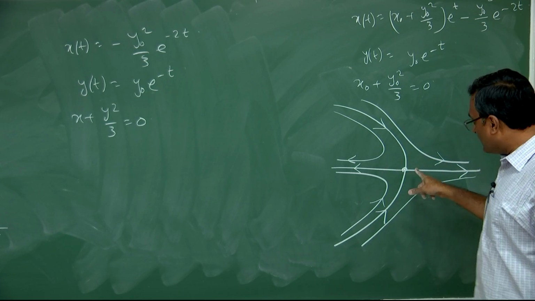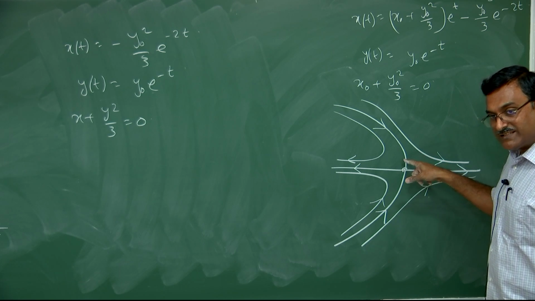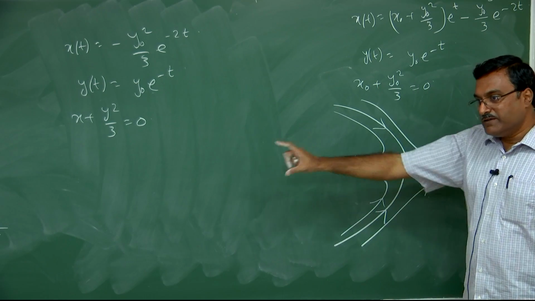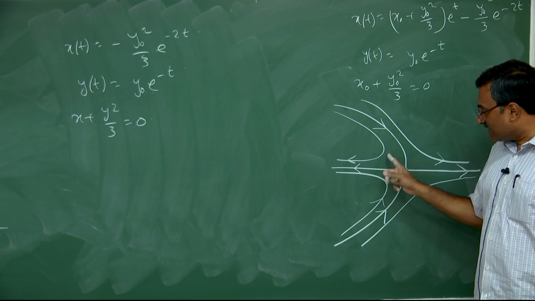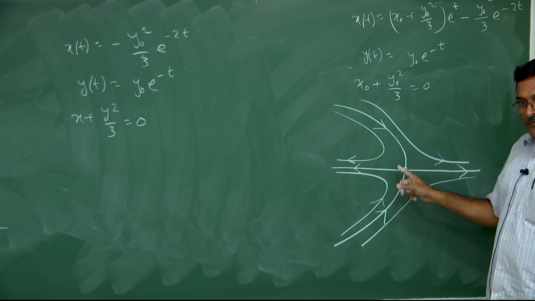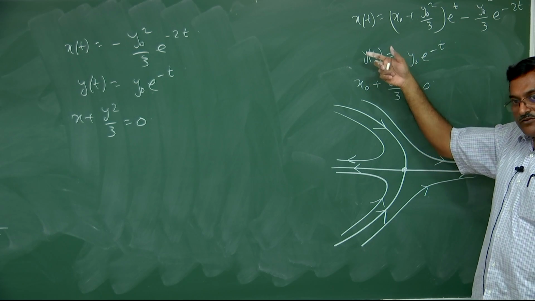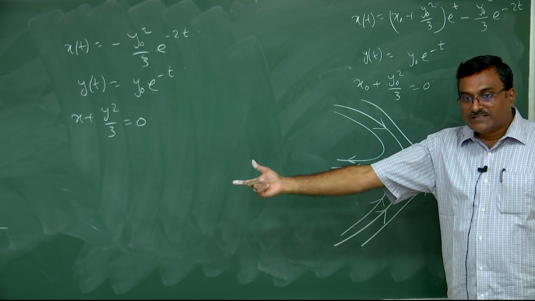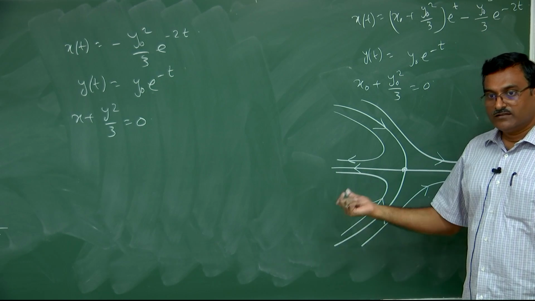So if you consider a very small vicinity of the equilibrium point for this nonlinear system and this phase portrait, probably you can convince yourself that they are topologically equivalent. So in order to understand the stability behavior of this point, if both the eigenvalues are either non-zero or have non-zero real part, then the corresponding linear system will give you the nature of the solution trajectory nearby the equilibrium point.